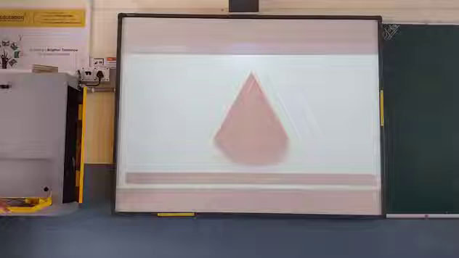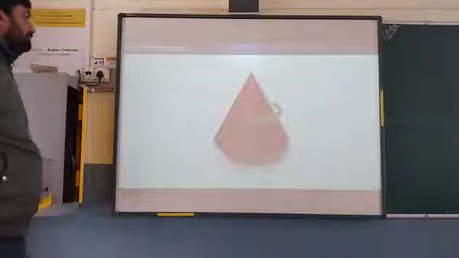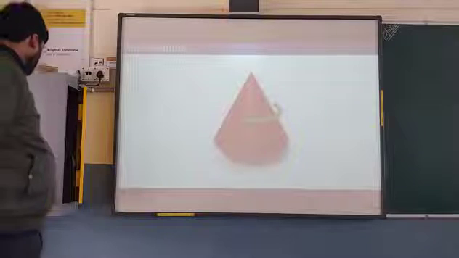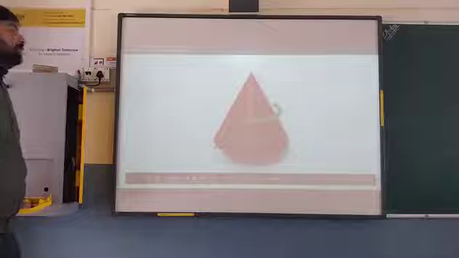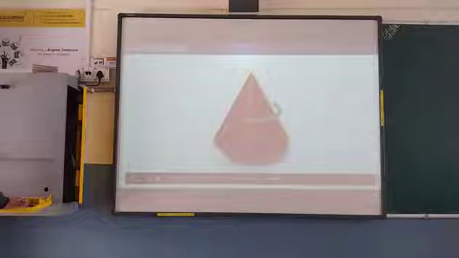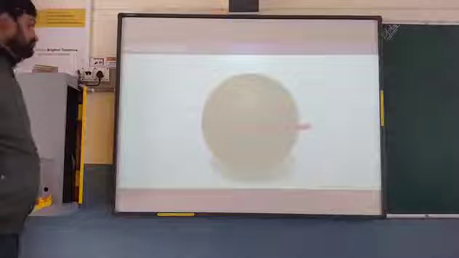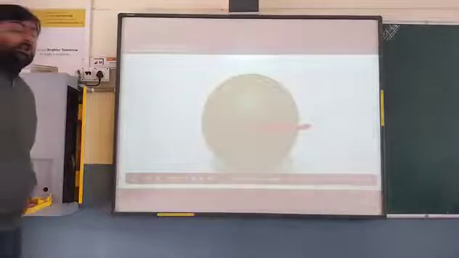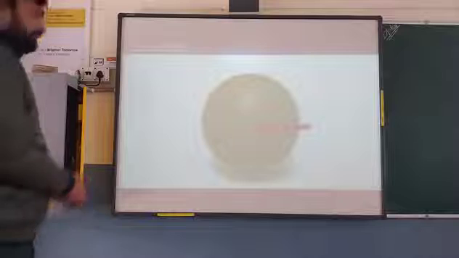For example, now this is a cone, also a solid shape. If we consider a cone, the curved surface is not a polygon. Hence, this is not a polyhedron. Similarly, a sphere cannot be considered a polyhedron. Why? Because each face of it cannot be said to be a plane figure.